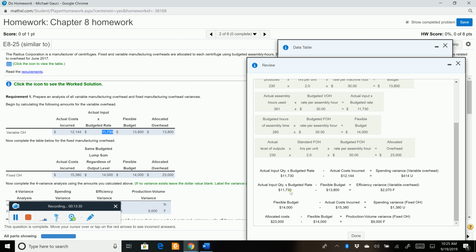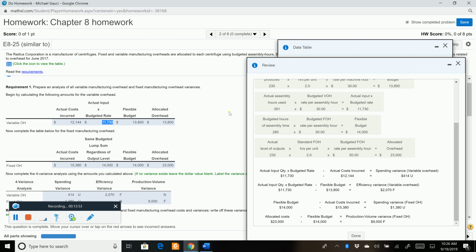And comparing column 2 to 3, this is the efficiency variance, and as I said, it was favorable. When you add these two together, you get the overall flex budget variance, which we see is overall a favorable variance.